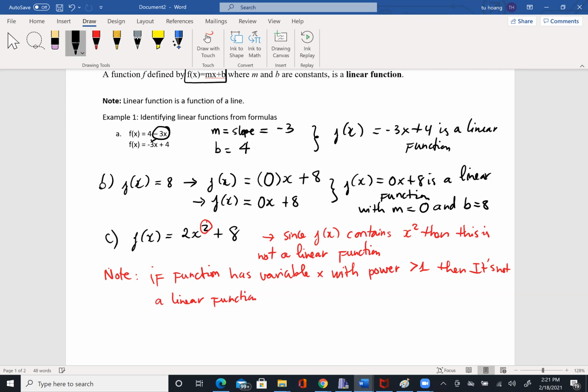So please keep in mind that with power greater than 1, it's not a linear function. Okay, so let's move to another example.